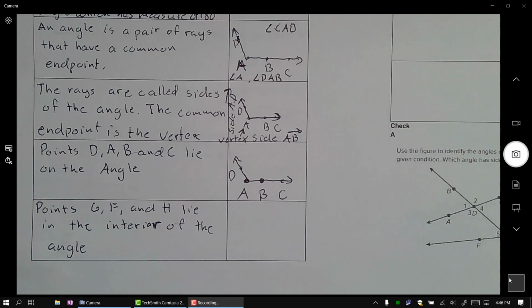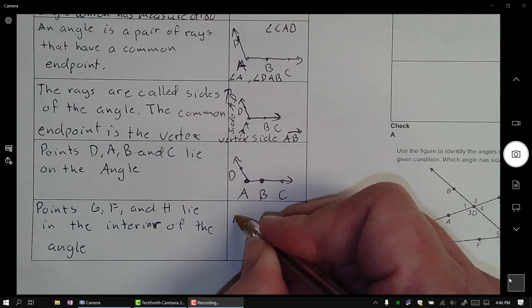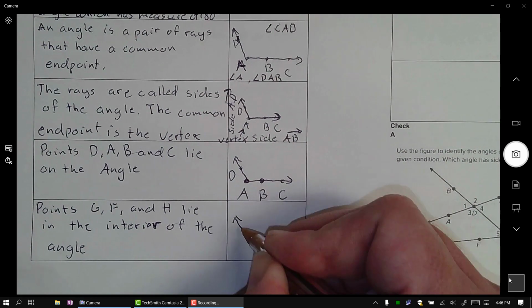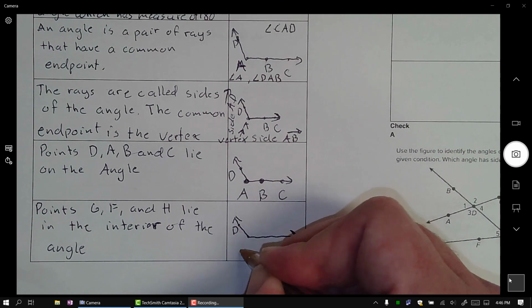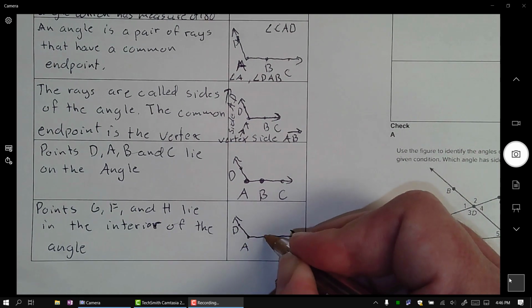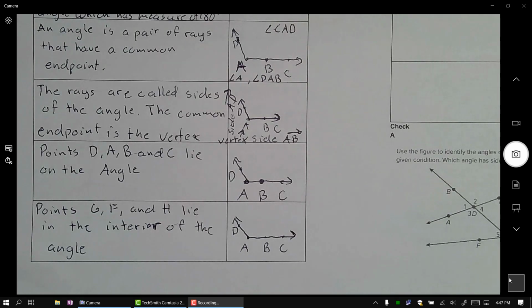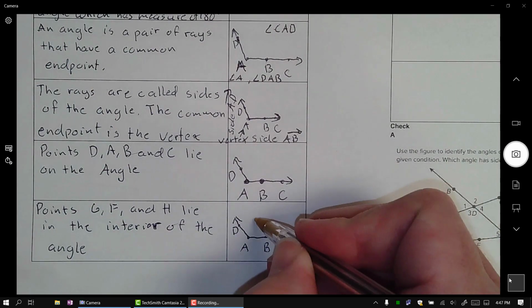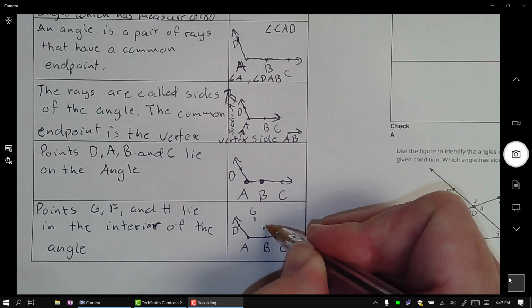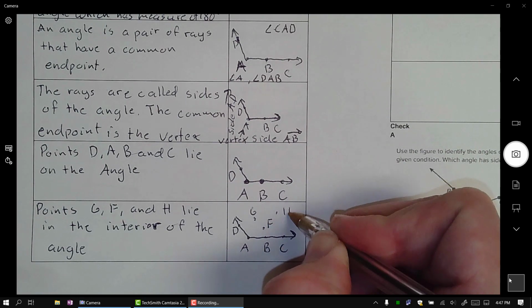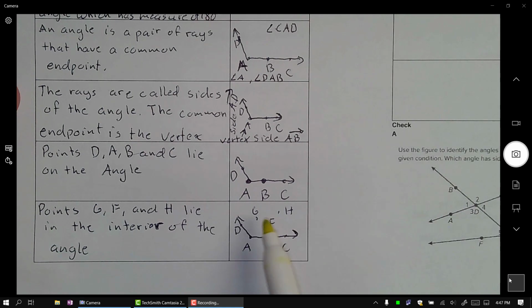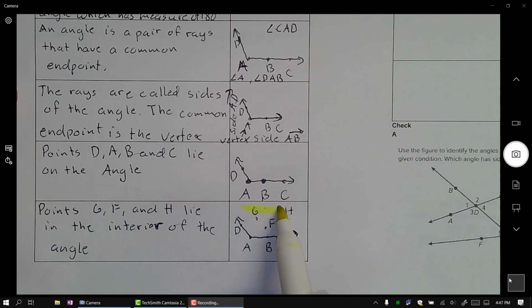Well, we're still going to draw our same angle. So I have D, A, B, C. But now I'm going to talk about points G, F, and H. And those lie on the interior. So that's inside of our angle. So that's all that highlighted area right there. That's inside of our angle.